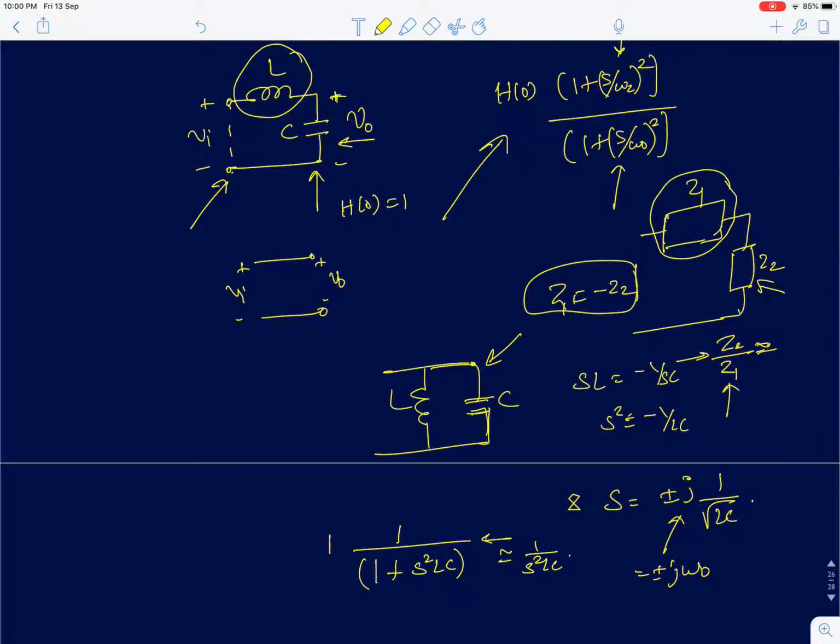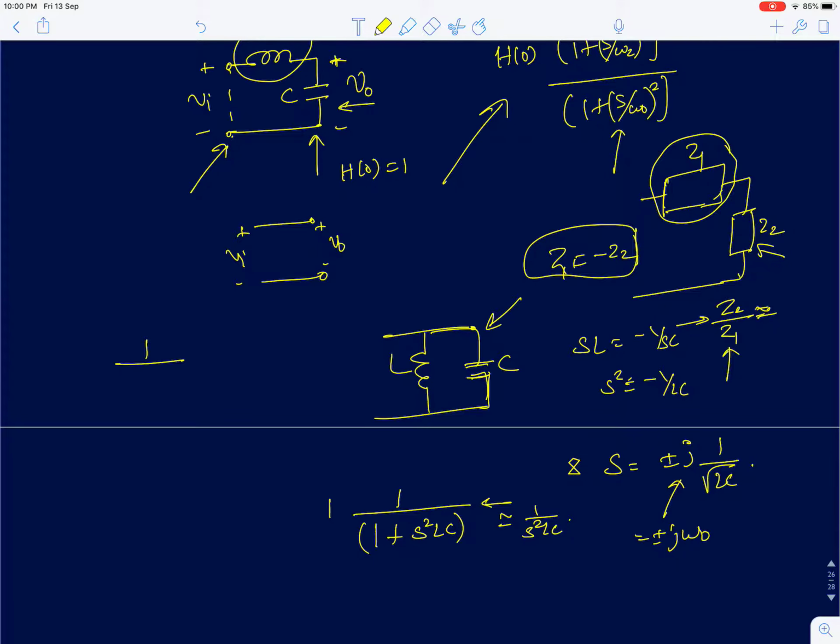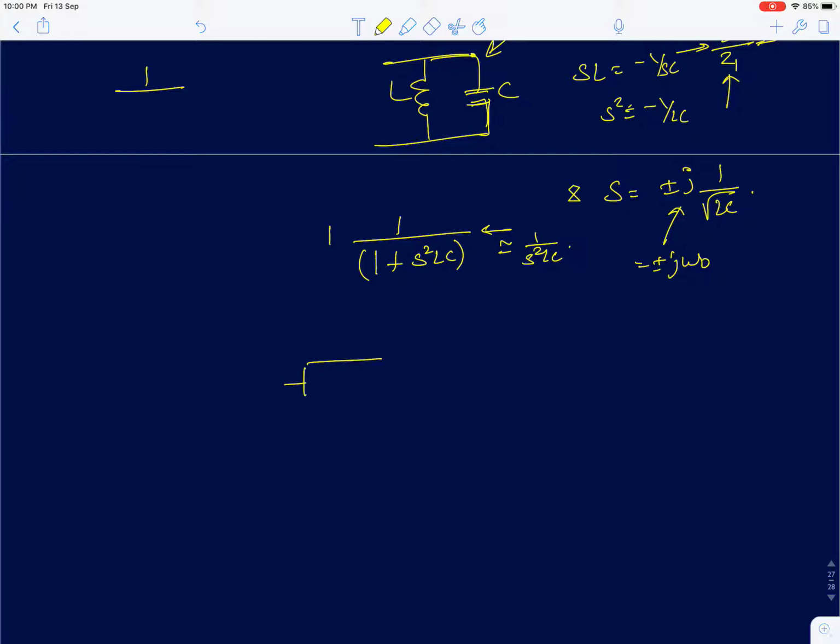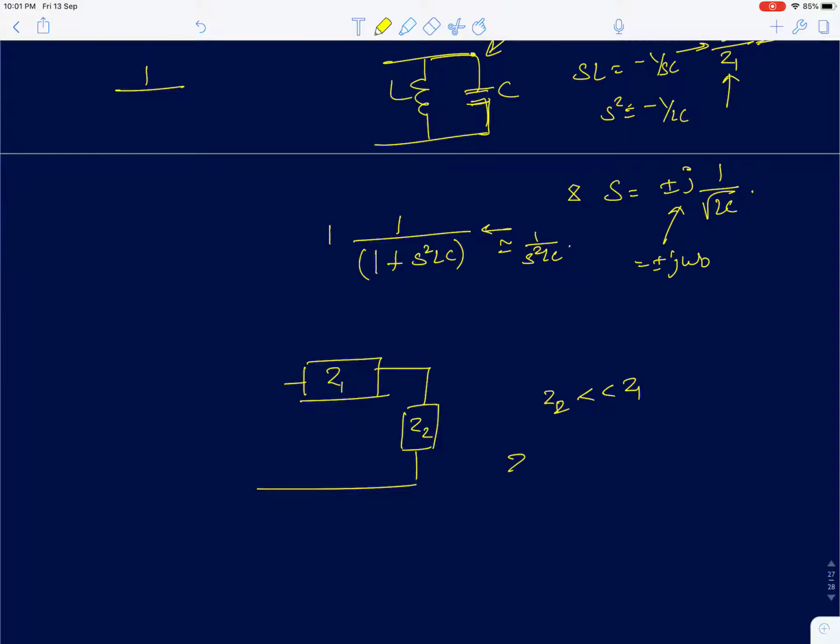So Z2 here is the capacitive impedance, which is 1 by sC. I'll just repeat that point. When you have two impedances Z1 and Z2, and Z2 is much less than Z1, the transfer function will be approximately equal to the ratio of the two impedances, Z2 by Z1.